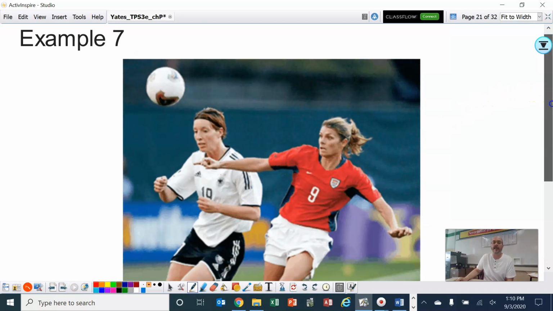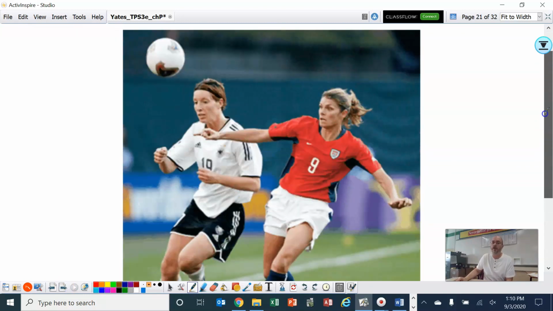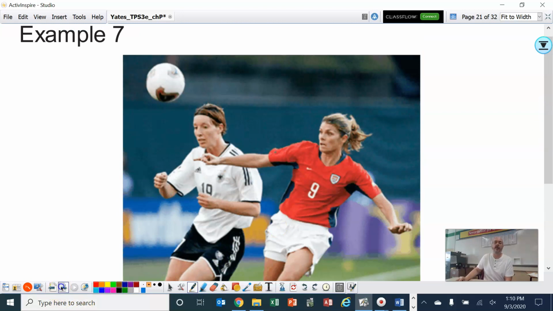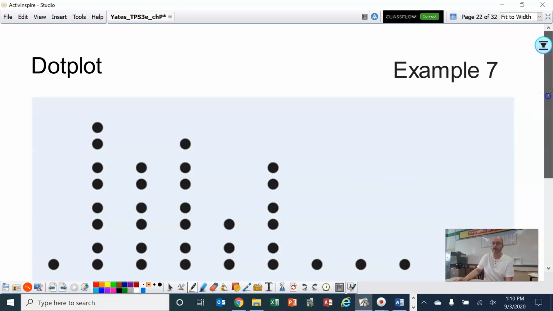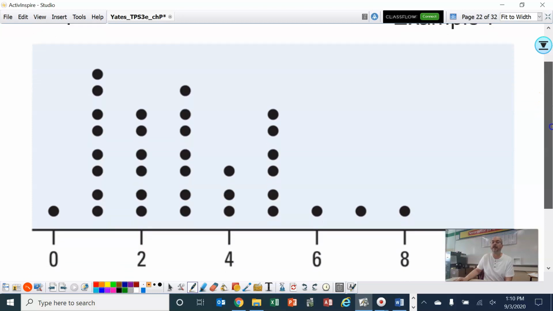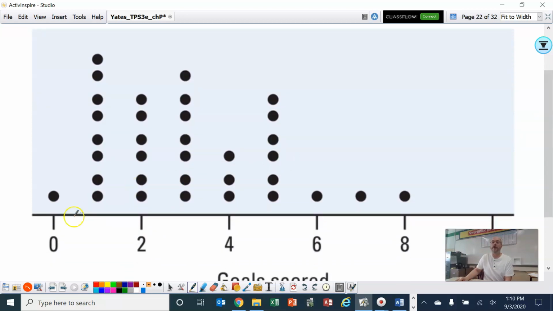Also, I want you to look at example 7. Example 7 is talking about a dot plot, probably the simplest plot you could ever make. You're going to put your numbers down below. You could also do this with categories, I guess. And then you just simply put a dot for each data point.